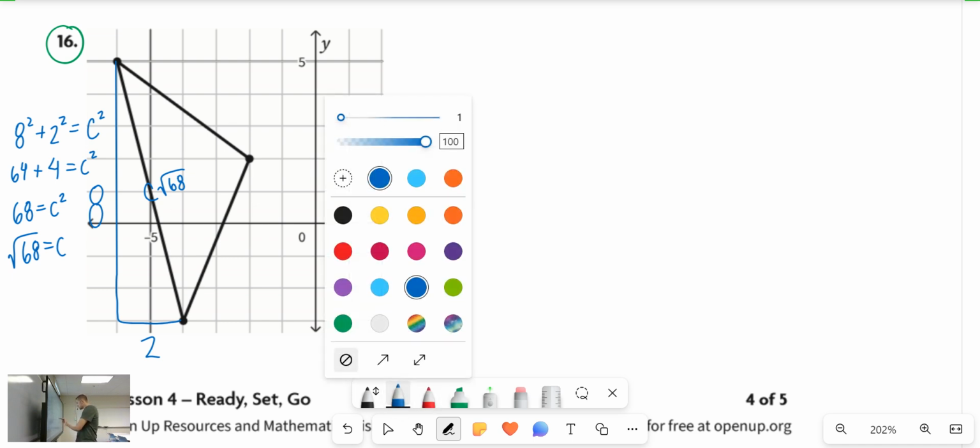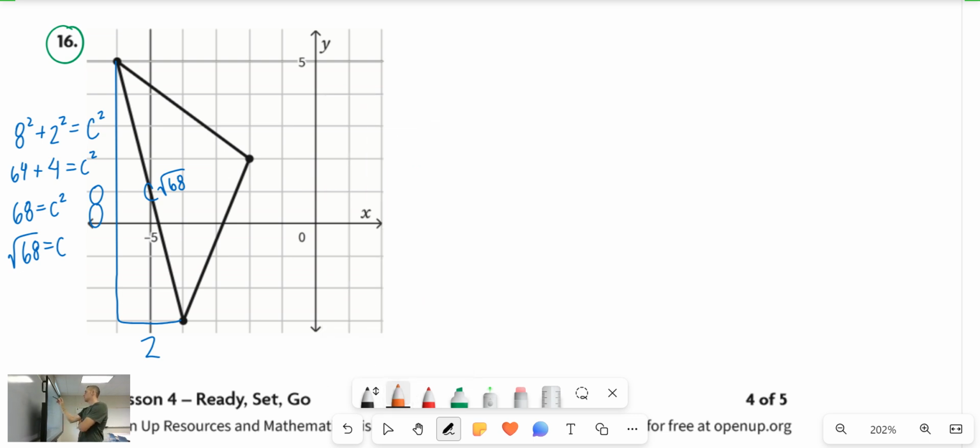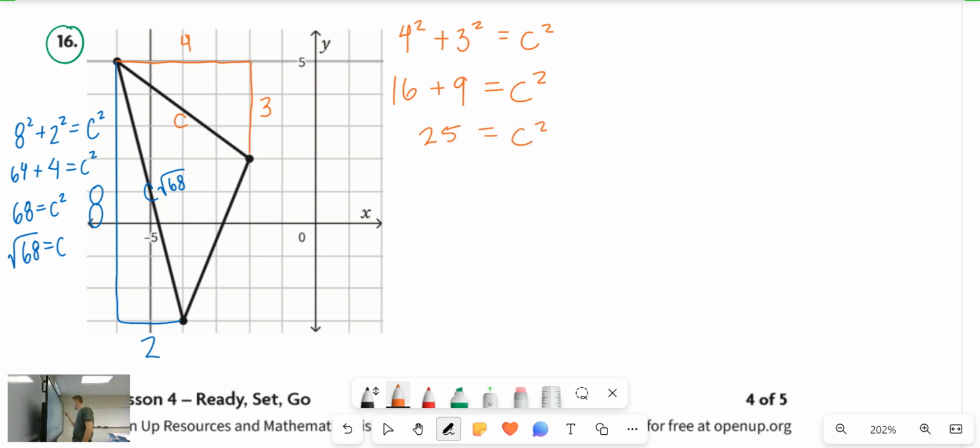Let's go to a different color, the orange again. 1, 2, 3, 4, and then down 3. 4 and 3, and this is going to be another c. 4 squared plus 3 squared equals c squared. 16 plus 9 equals c squared. 25 equals c squared.